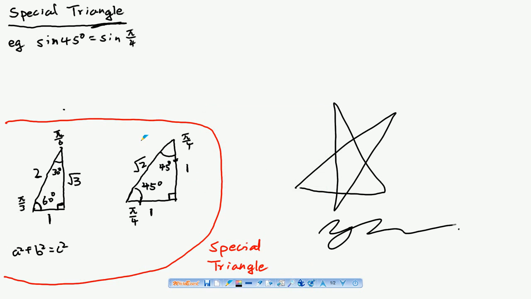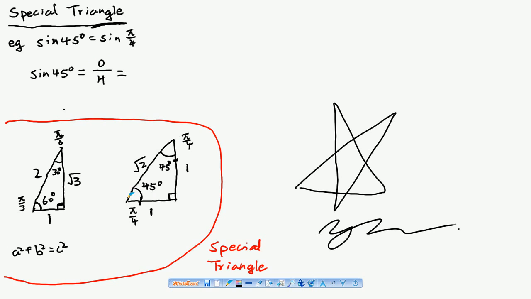Once you have your special triangle, when you come to a question like sine 45 degrees, we find the 45-degree angle and take the sine of it. Sine 45 degrees equals the opposite on the hypotenuse.